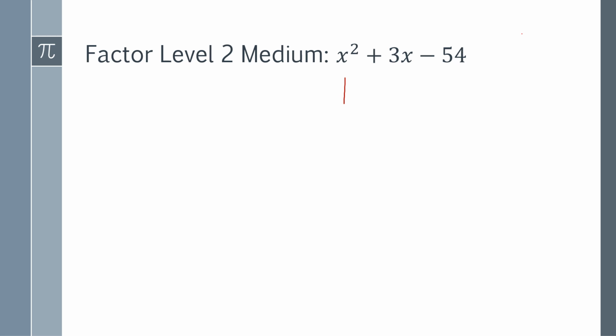If it's just 1, it simply won't do for this trinomial. So for this trinomial that you're dealing with, you gotta figure out what two numbers multiply together gives you negative 54. And then those same two numbers, when you add them, gonna give you a 3.